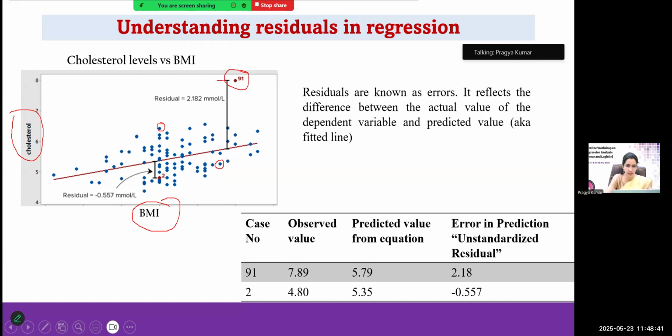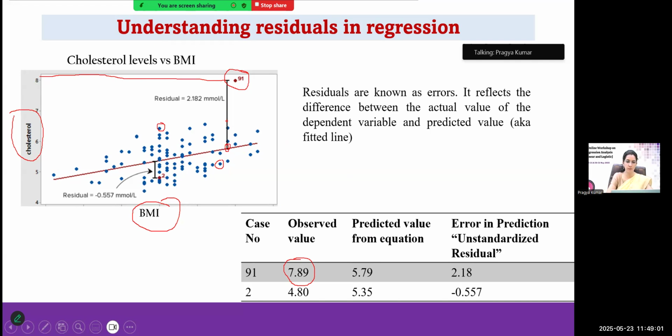For this 91, what is the actual value? The actual value of this 91 data, we have to see on the y-axis. I have not drawn it correctly, but the observed value is 7.89. And the predicted value is on the fitted line.